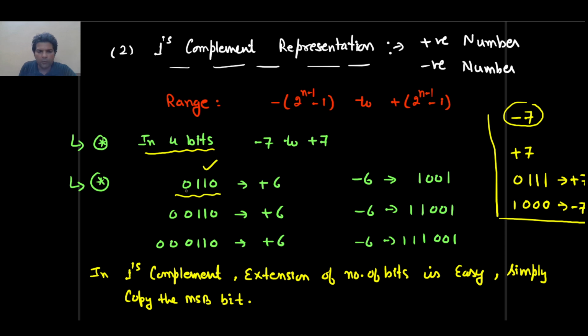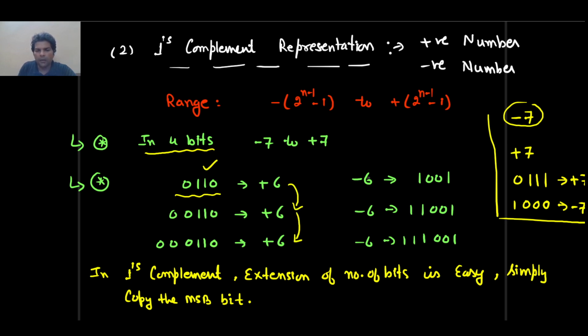If we copy the MSB, 0, 0, 1, 1, 0 is again plus 6. So if we extend the number of bits by simply copying the MSB, we retain the same value.